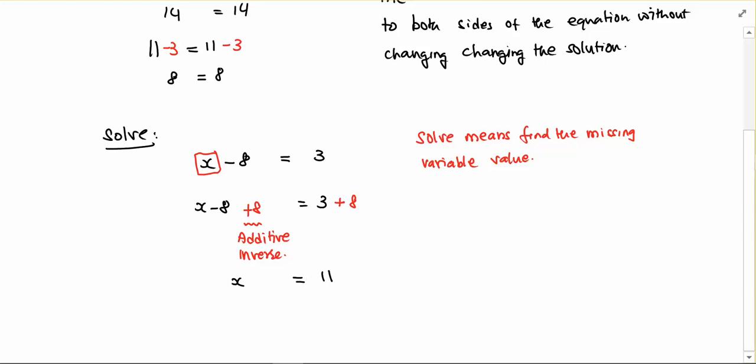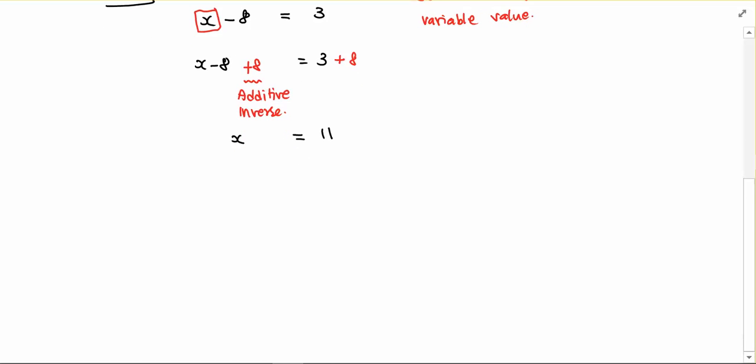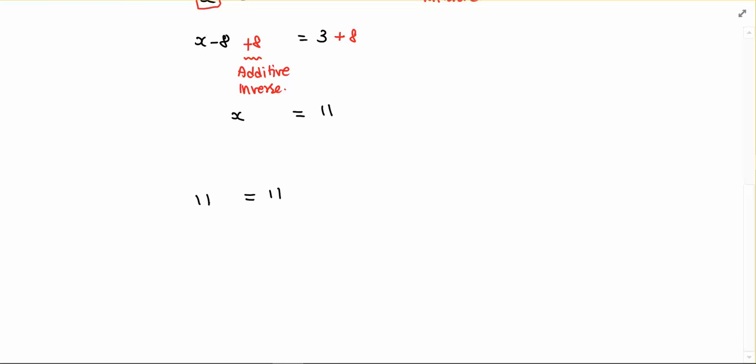Now there's another property. And to understand that second property, let's take a look at again our simple starting example. What was it? 11 equals 11, right? This time I'm going to multiply the left side by a number. Let's multiply the left side by 3.